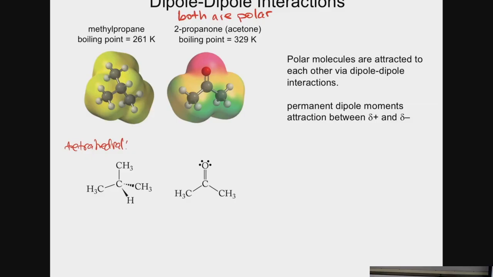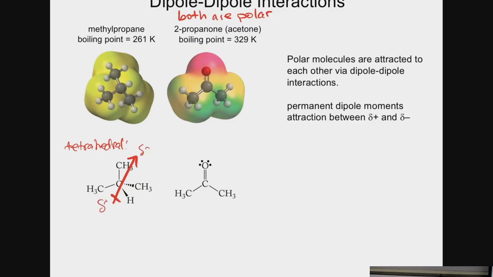All you need to recognize is that if it's tetrahedral, you know that they're in opposition, but the magnitude of the dipoles are different. And if they're different, you're going to have overall a permanent dipole moment. I might draw it across the molecule like this. Delta negative on this side, delta positive on this side.